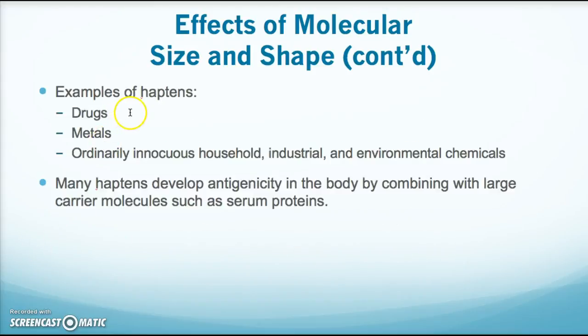Some things that we would see that would be too small on their own, but can combine with larger carrier molecules, are perhaps drugs, some metals, and some chemicals. They are too small on their own, but once they've been combined with carrier molecules, perhaps a serum protein, they would be recognized, and they would then be considered the epitope of the antigen.